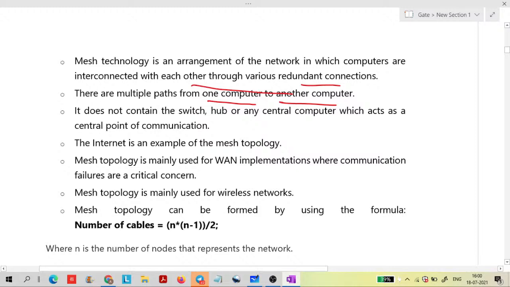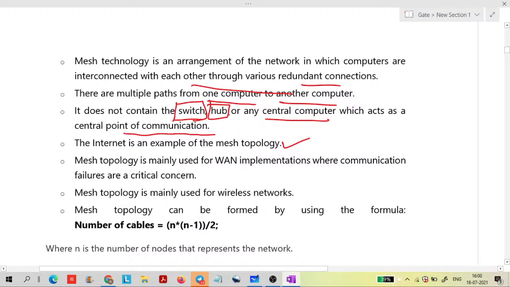It does not contain a switch. It is connected through redundant connections, and it does not contain switches, hubs, or any central computer which acts as a central point of communication. The internet is an example of mesh topology.